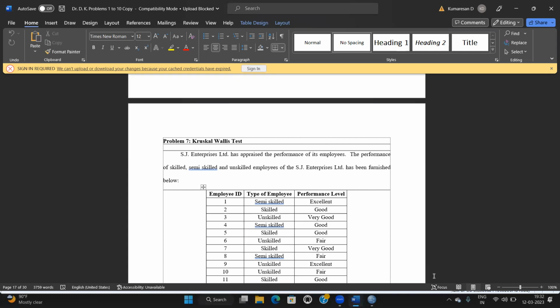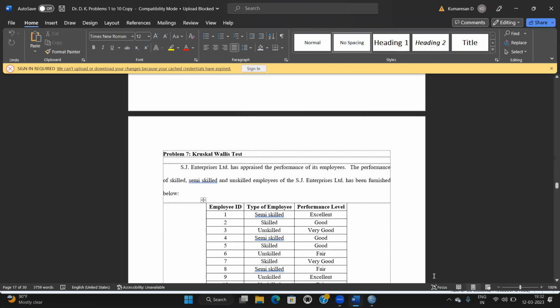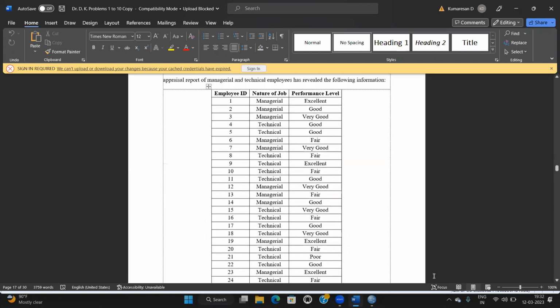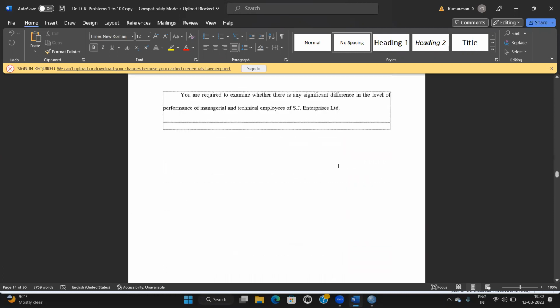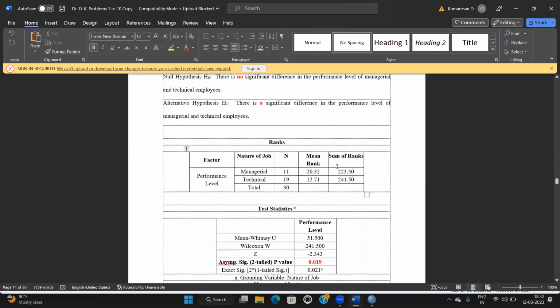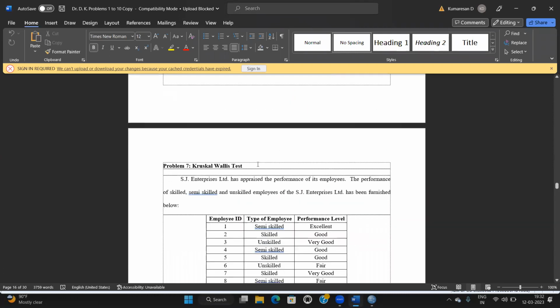There are 3 types of employees. If there are only 2 categories of employees, we have to apply the Mann-Whitney U-test. If more than 2, then we have to apply the Kruskal-Wallis test.